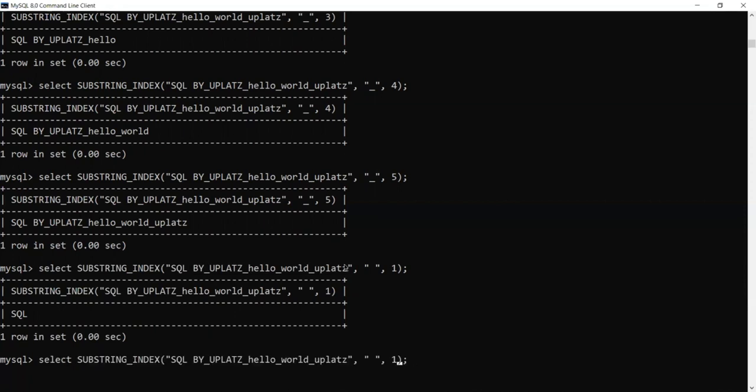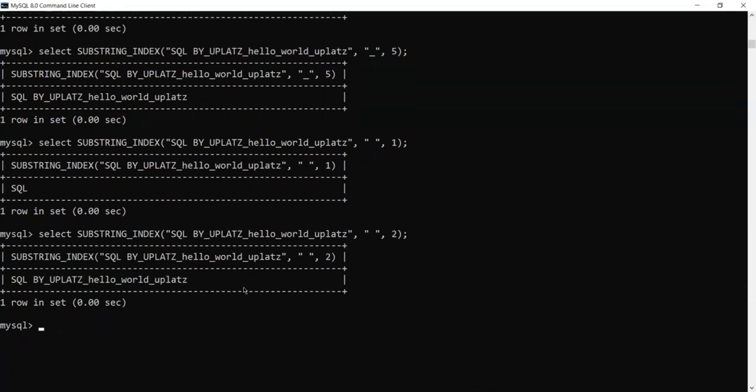So if I pass 2 here, I'll get the entire statement. Whatever you pass in your second argument will be your delimiter. It can be anything starting from space or any special character. It could be at the rate, underscore, or hyphen. Whatever your delimiter is, you can specify that in your second argument. So that was substring_index for you.